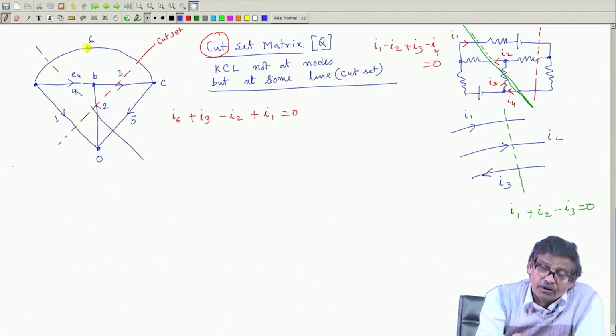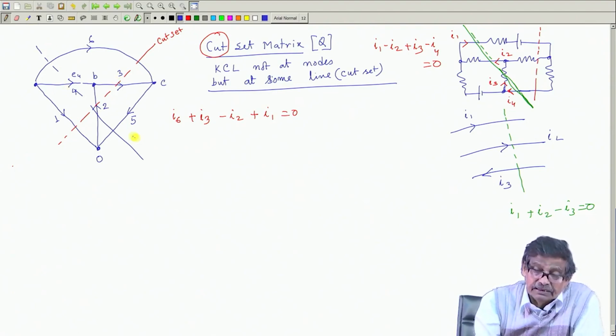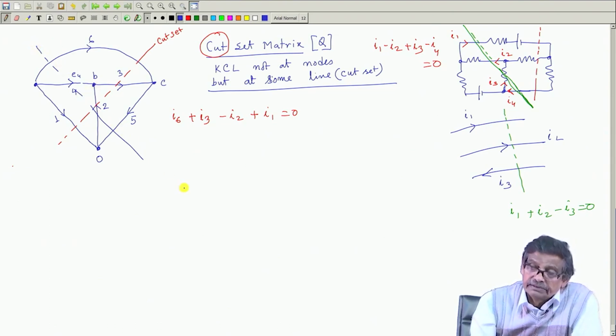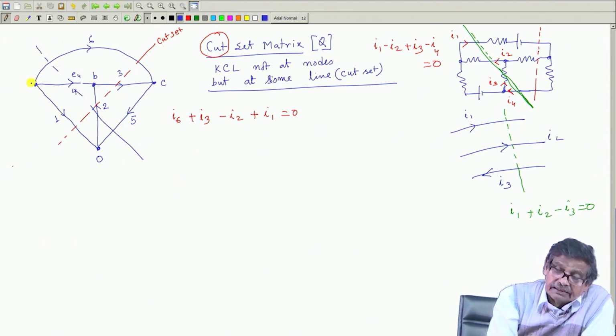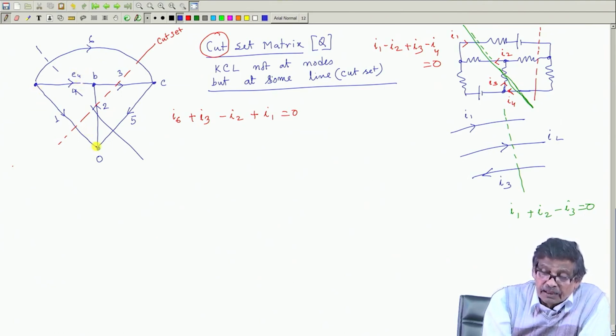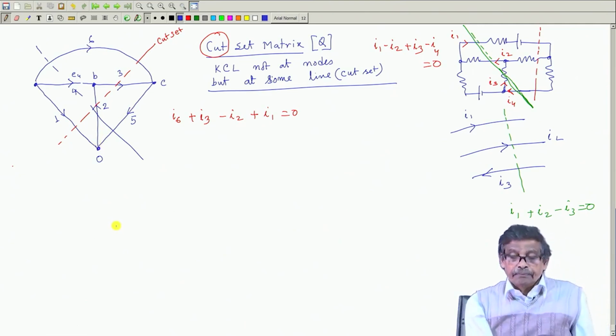Then the currents involved will be I 6, I 4, I 1, I 2 and I 3. I can write down the KCL equation. Suppose you draw a cut set like this, then assign a plus sign to I 6: I 6 plus I 4 plus I 2 and minus I 5 is equal to 0. I think you have got the idea.